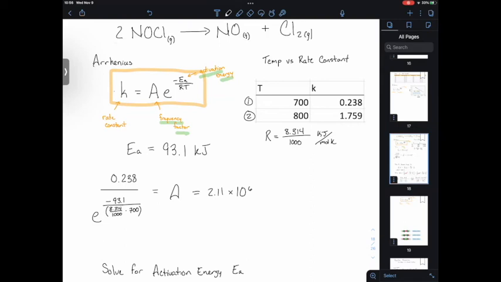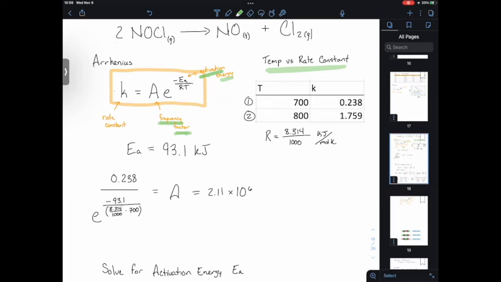All right, so that's how I would take this temperature versus rate constant data and fill in my missing constants from my Arrhenius equation, the activation energy, and the frequency factor.